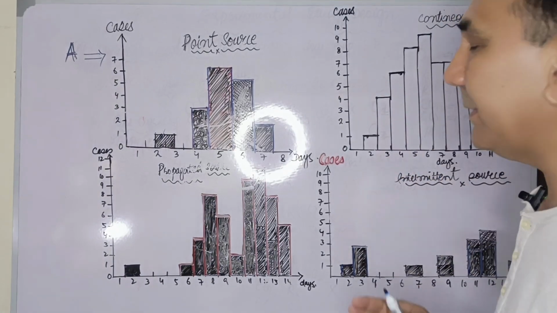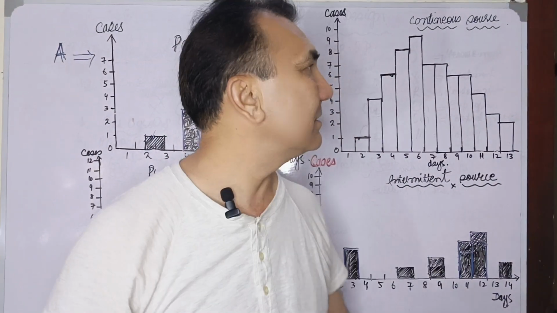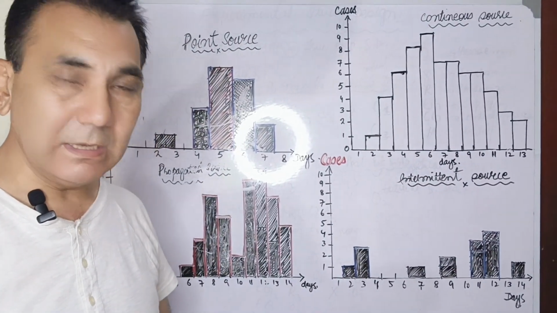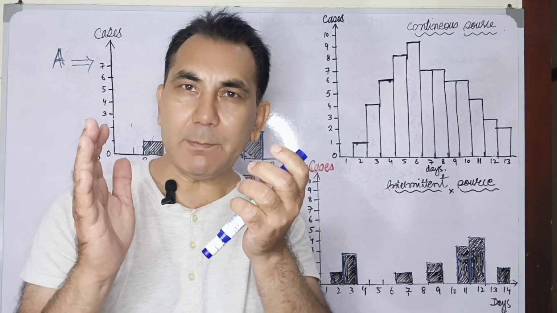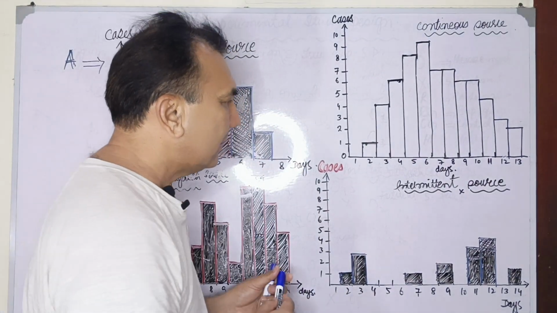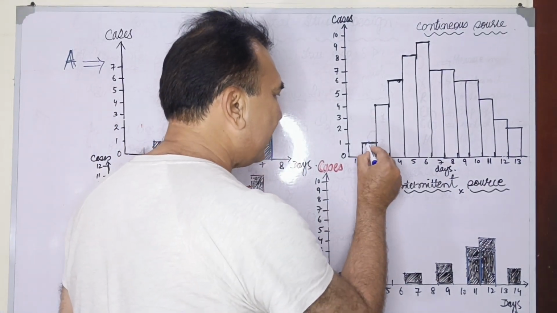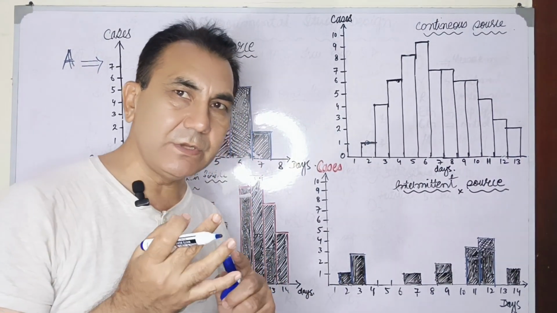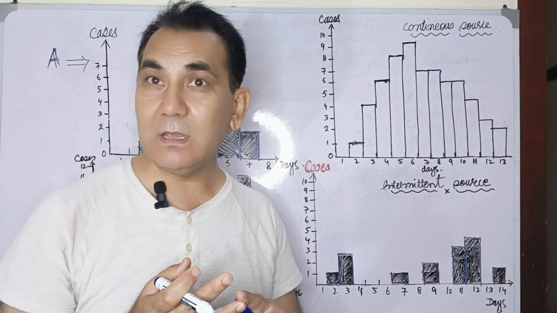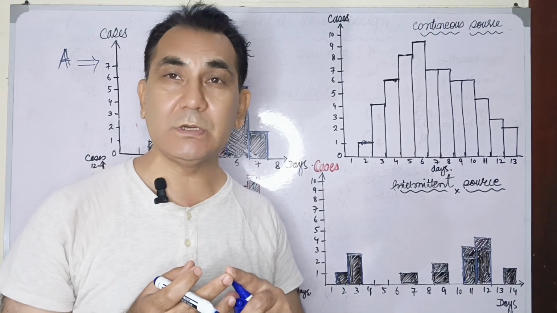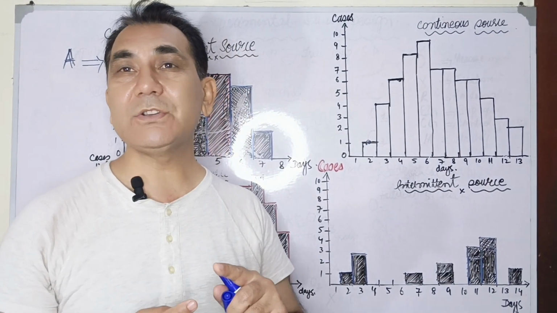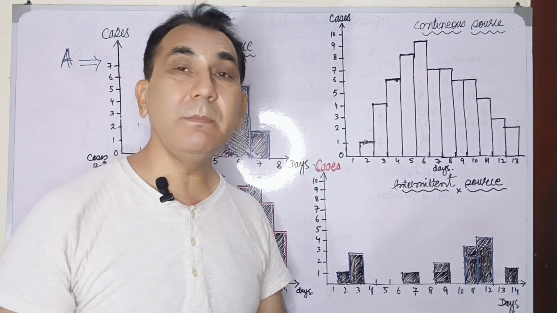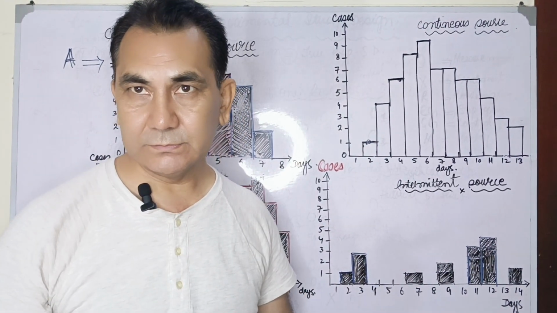Now the second type is called the continuous source of the epidemic curve. You see, the first case has been identified. Keep in mind the onset of the disease, the onset of the case, the onset of the exposure, and the identification of the first case, or the index case, which may be a first source.